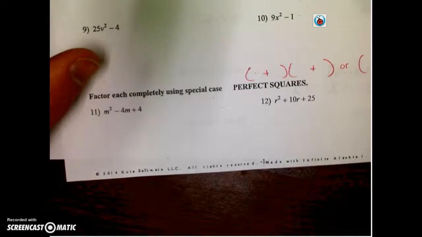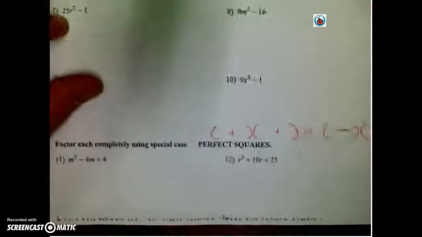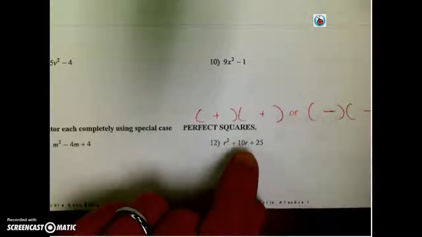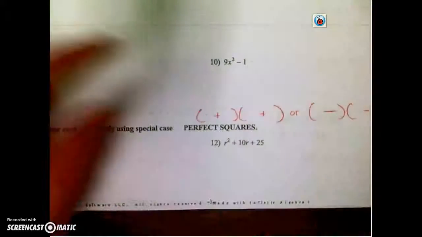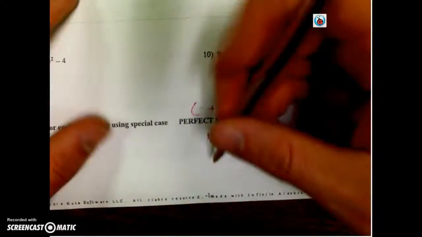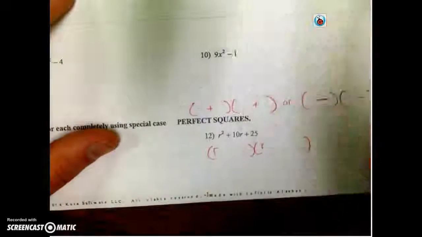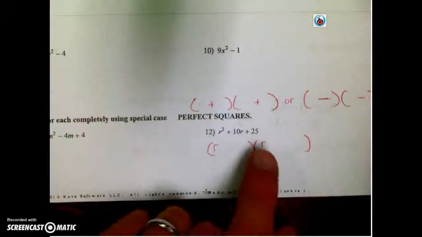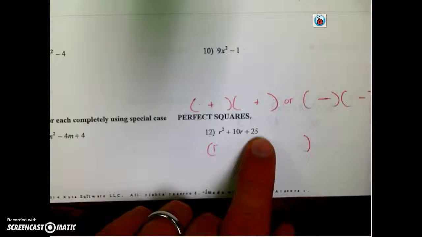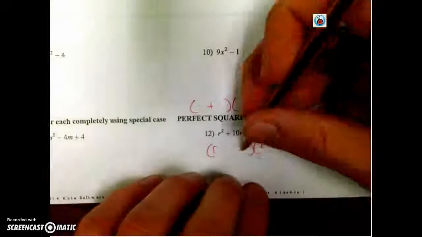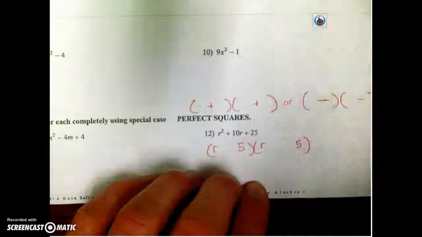So we're looking to solve this like we were doing above, except this time we're going to have double positive or double negative. So number 12 would work like r times r gives me an r squared. And I think of the perfect square of 25, just 5 and 5.